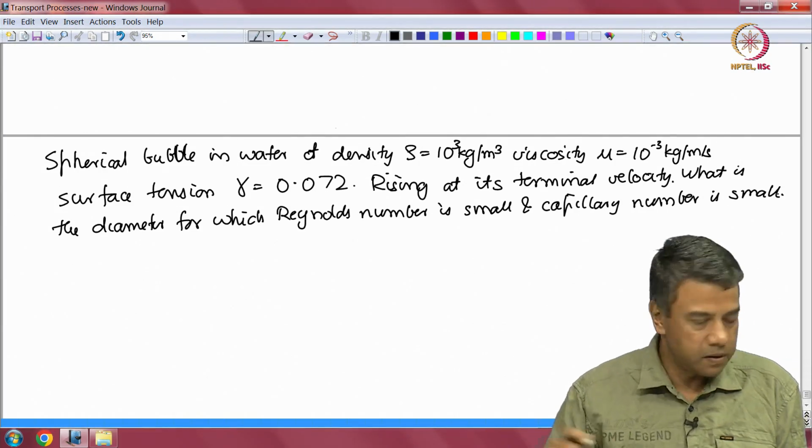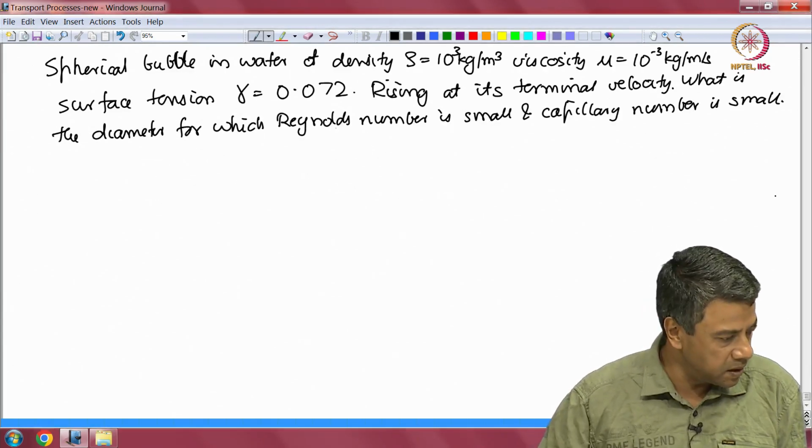So, we have to find out what is the diameter for which the Reynolds number is small and the capillary number is small.